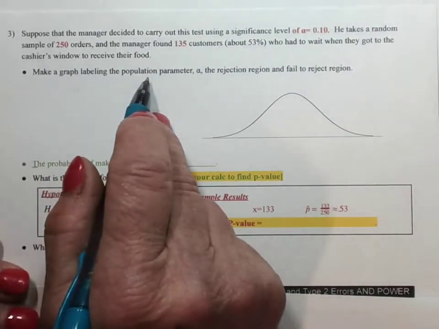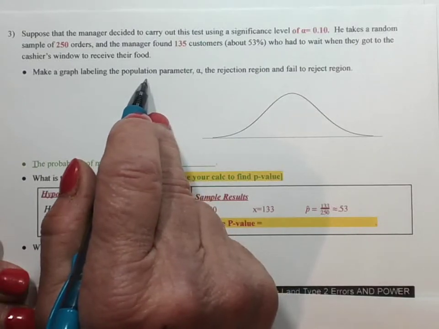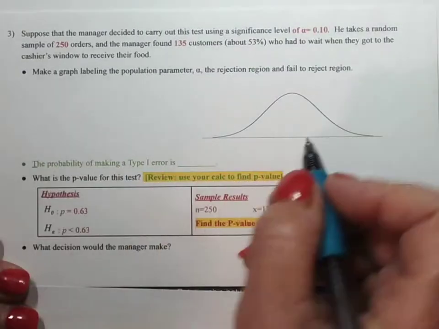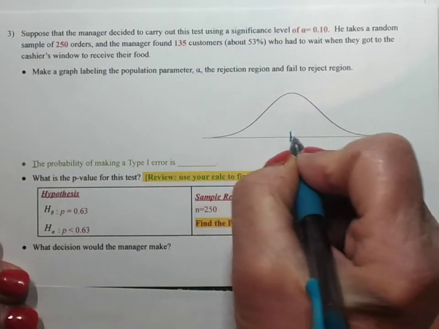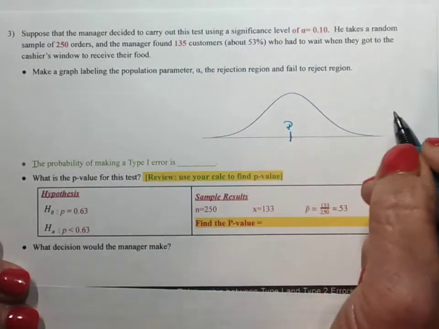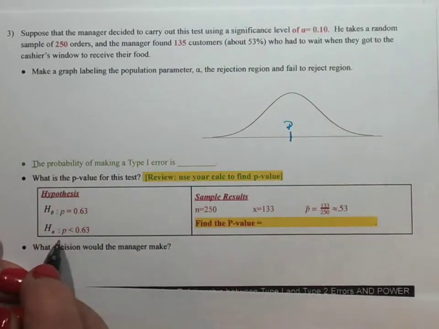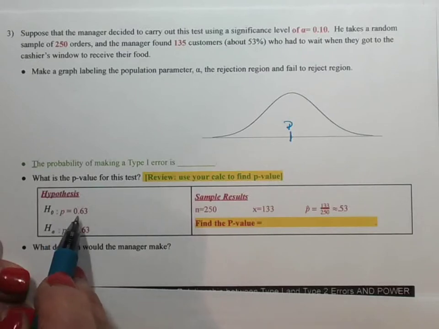Make a graph labeling the population parameter and the rejection and fail to reject regions. So your population parameter, in this case, is P.